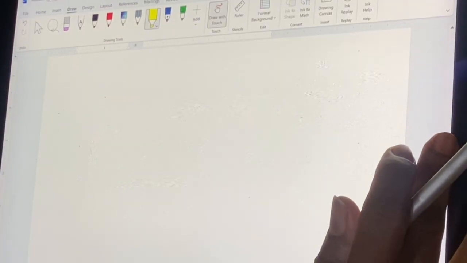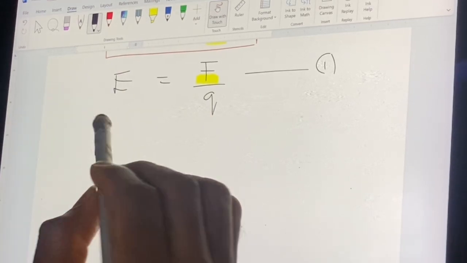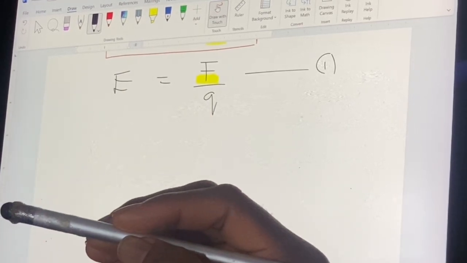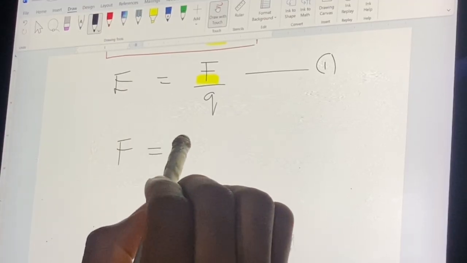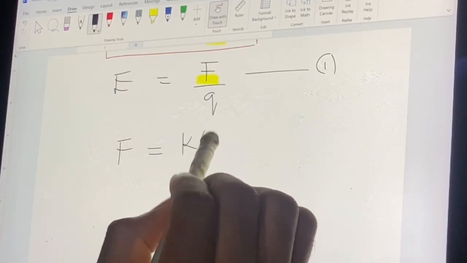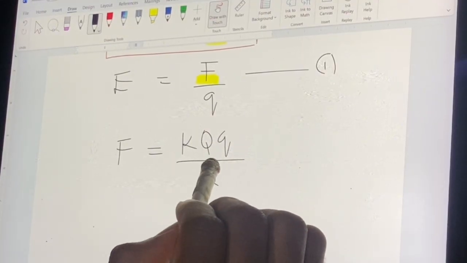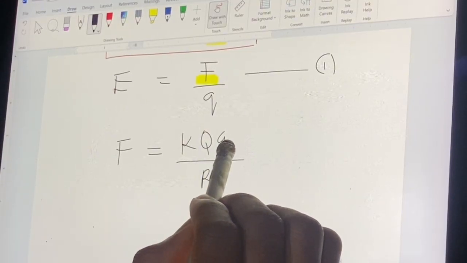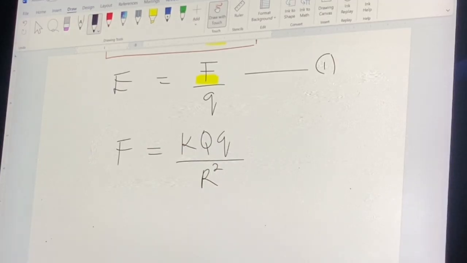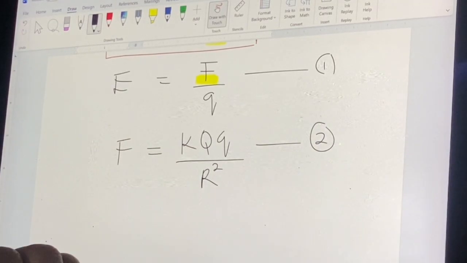And the formula for electric force when two charges are given is F is equal to KQq over R square. The capital letter Q is standing as Q1. The small letter q is standing as Q2. Please take note. I will call this equation 2.